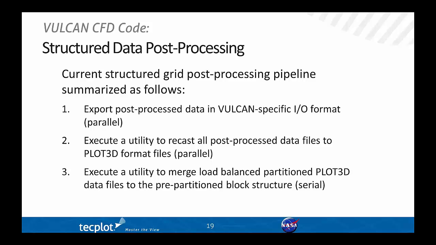We have an automatic partitioner which can partition the grid into small chunks for parallel load balancing. So ideally, we like to reverse map that back to the original block topology so we don't have to post-process as many grid blocks. So that's what step 3 does.